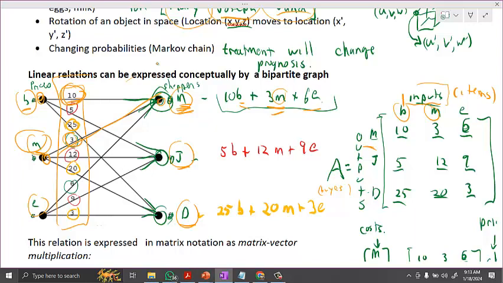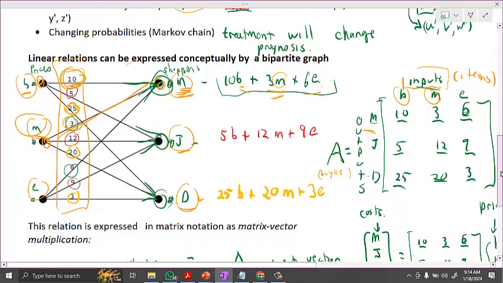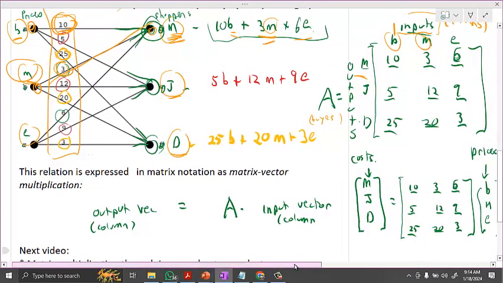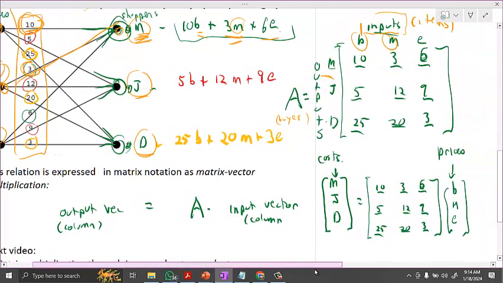Now, on the other hand, I can also write down the prices. Let me write down the prices in a column vector, which I write as B, M, E. So here I have a matrix and I have a column.